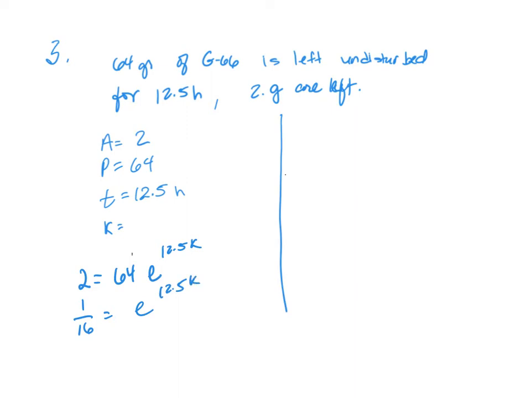I need to put it in logarithmic form. That is ln of 1/16 equals 12.5 K. So put that in your calculator and divide it by 12.5. And you should get K equals negative 0.277258872.